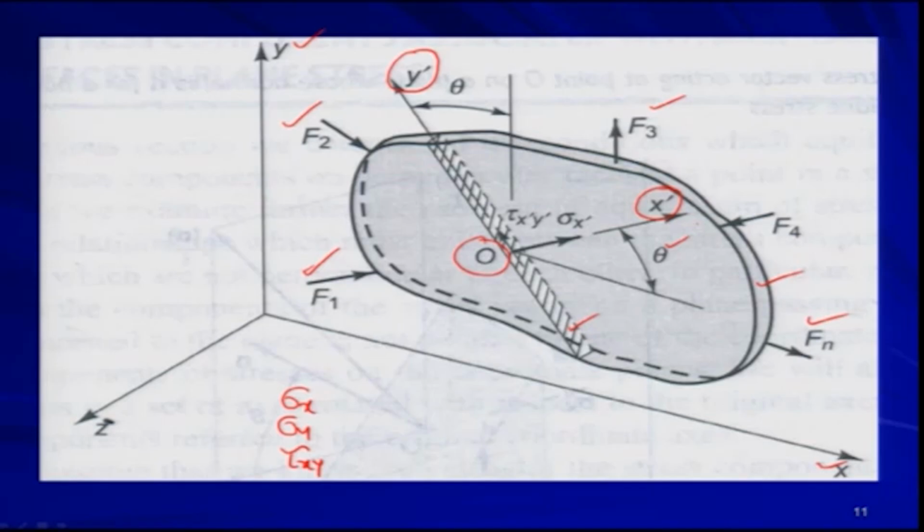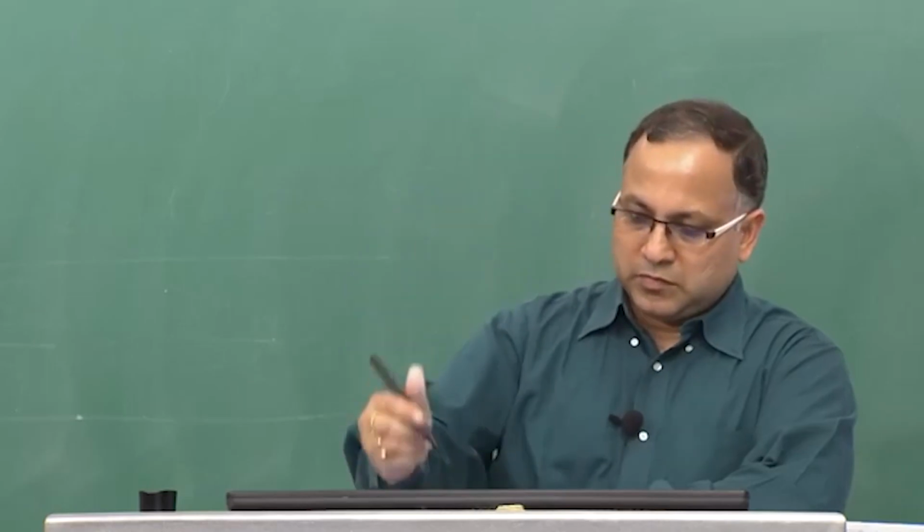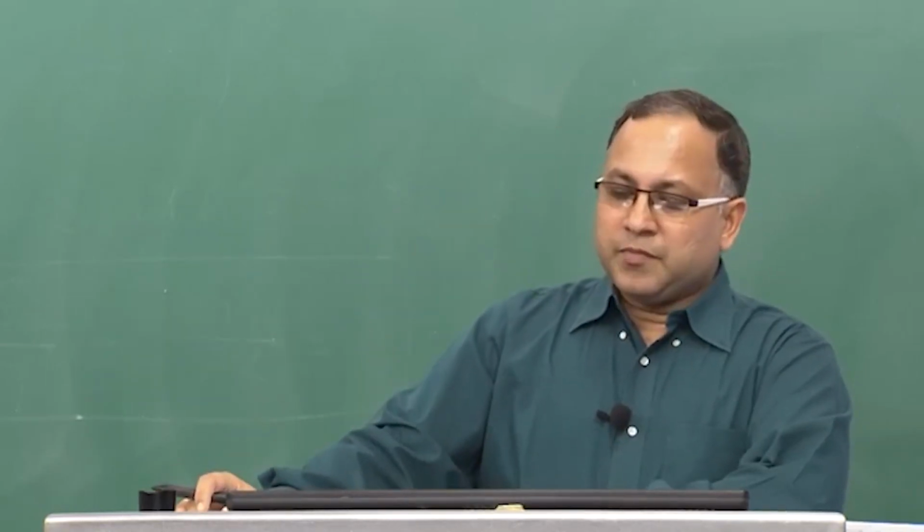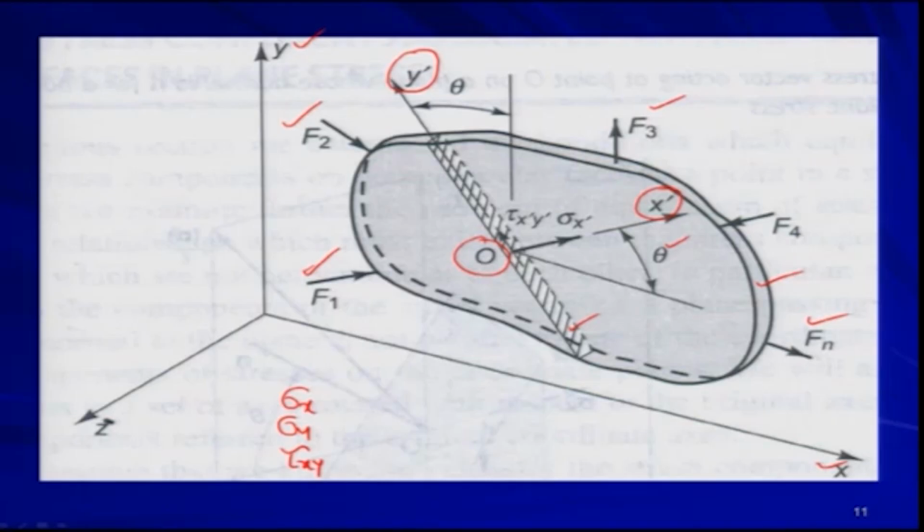With respect to your x axis, the x prime axis makes an angle theta, that means the angle between the x and x prime axes is theta. So, I am defining one arbitrary plane x prime, and y prime is the other axis. My objective is to find out sigma x prime, sigma y prime and tau x prime y prime.